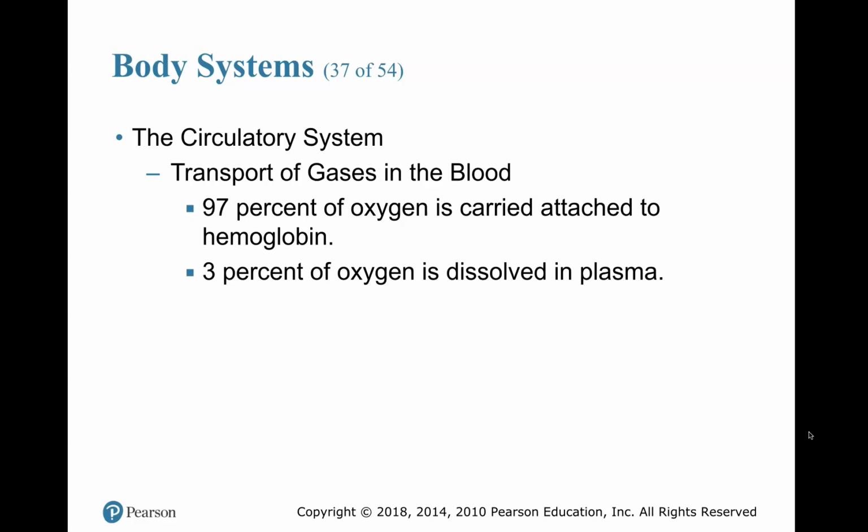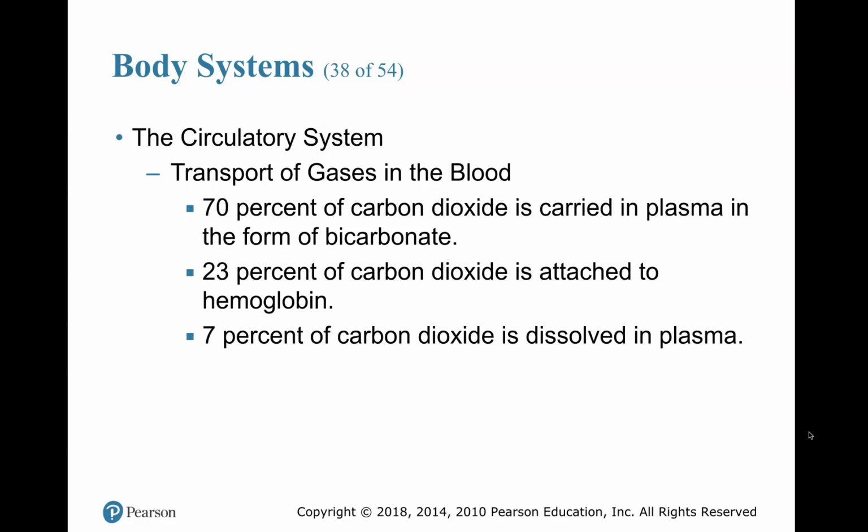That is correct, 21% oxygen. 70% of carbon dioxide is carried in plasma in the form of bicarbonate. 23% of carbon dioxide is attached to hemoglobin. 7% of carbon dioxide is dissolved into plasma.